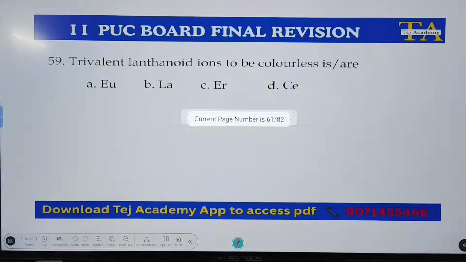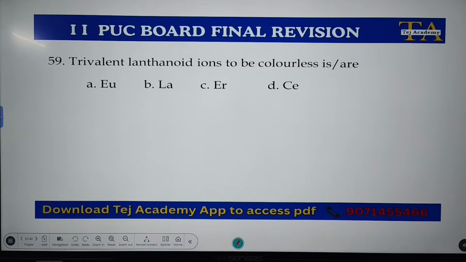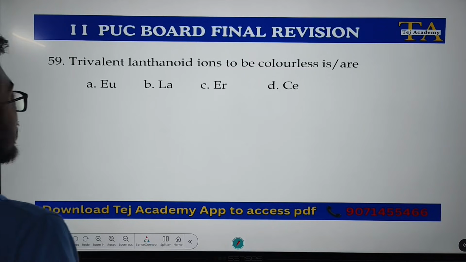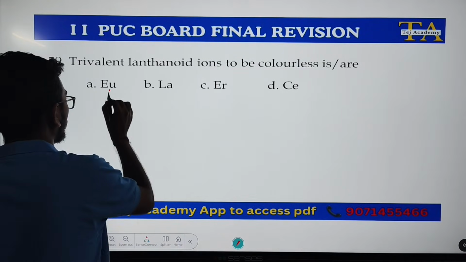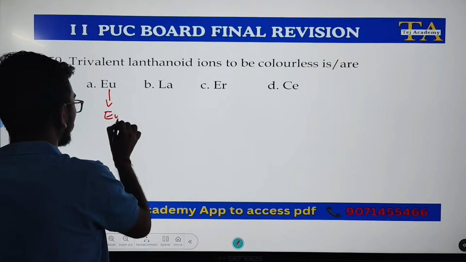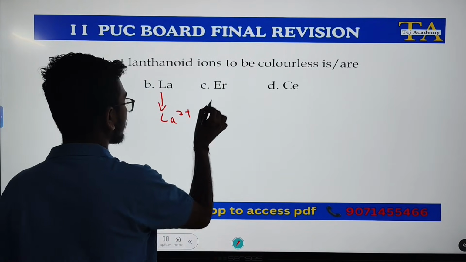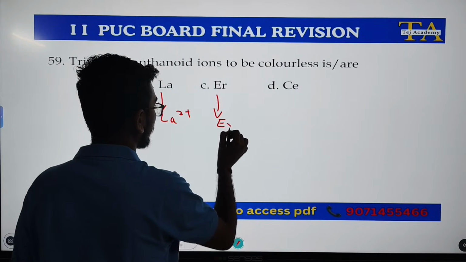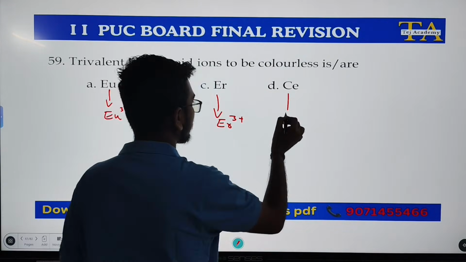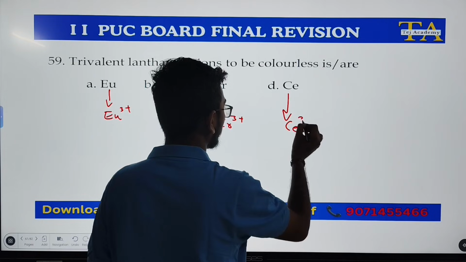59. Trivalent lanthanide ions to be colorless is. If you see here, trivalent lanthanides. So Eu will convert into Eu3+, then La into La3+, then Er into Er3+, then Ce into Ce3+.